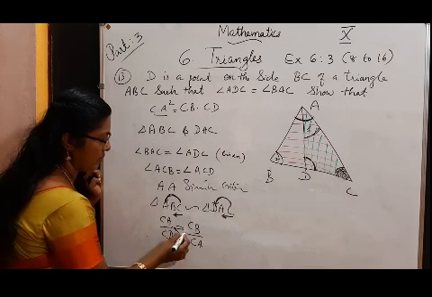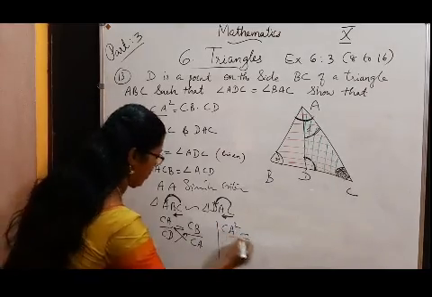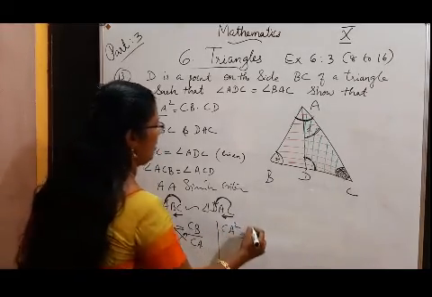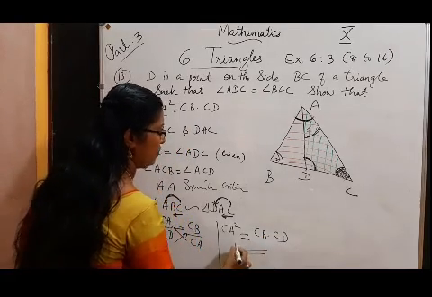Then when we transpose, CA into CA, CA square equals CB into CD, hence proved.